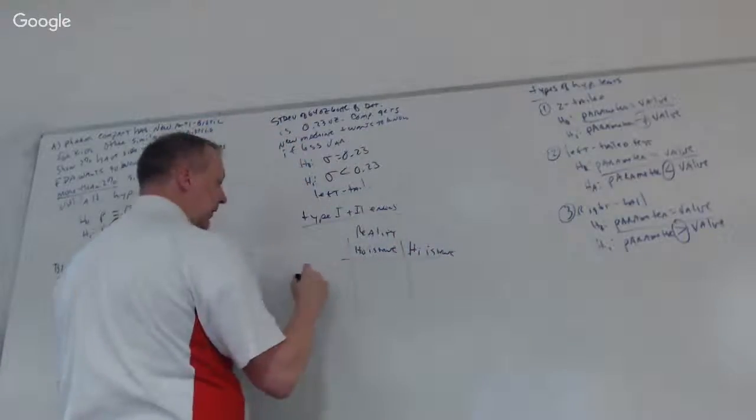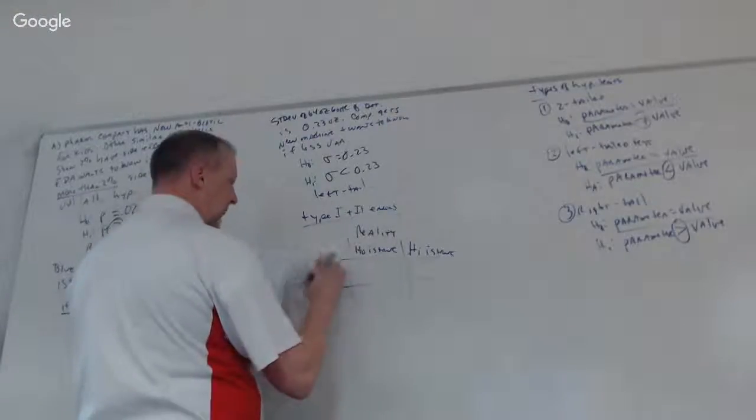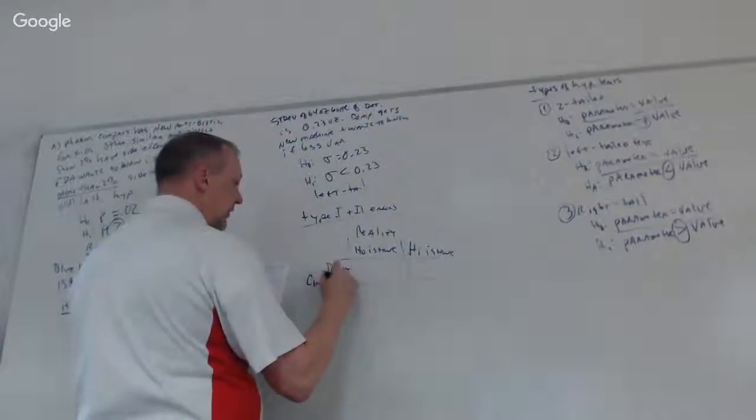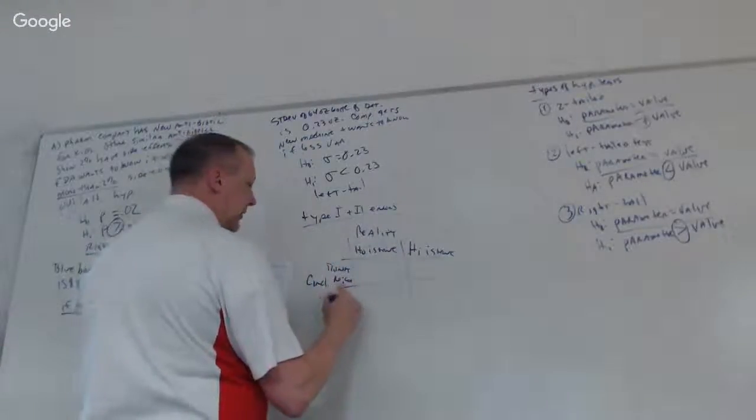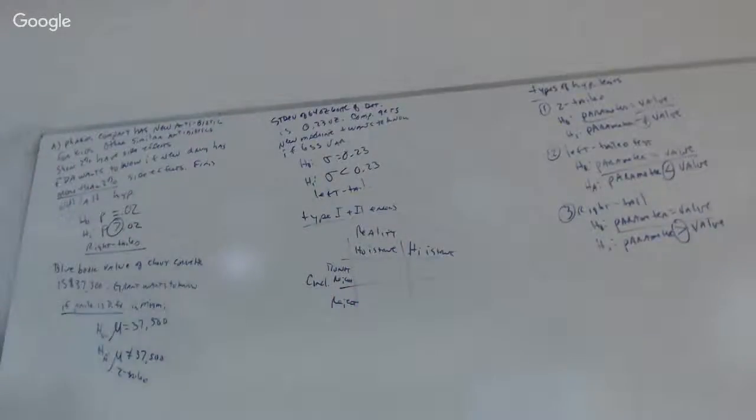And we're going to talk about your conclusion. The null, we're going to say, do not reject, or we're going to say reject the null. We never use what I'm going to refer to as the A word, accept. You never accept anything.